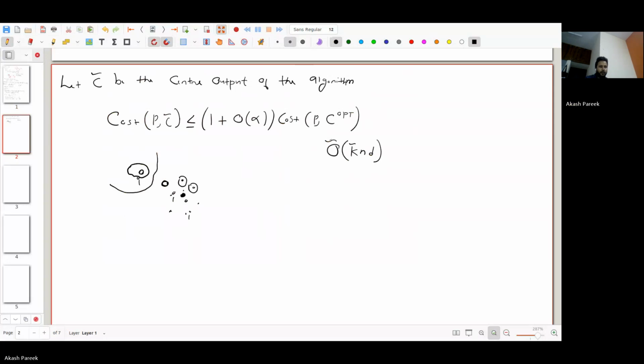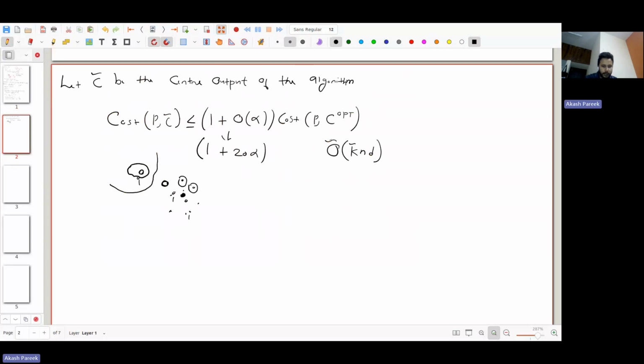So the main task of the algorithm is to get rid of these outliers first. Once you get rid of these outliers, you calculate the mean, and then we'll show it is 1 plus order alpha. In general, what we'll show is that this is actually 1 plus 20 alpha. So this is what we want to show. Just going with the prediction is not enough.